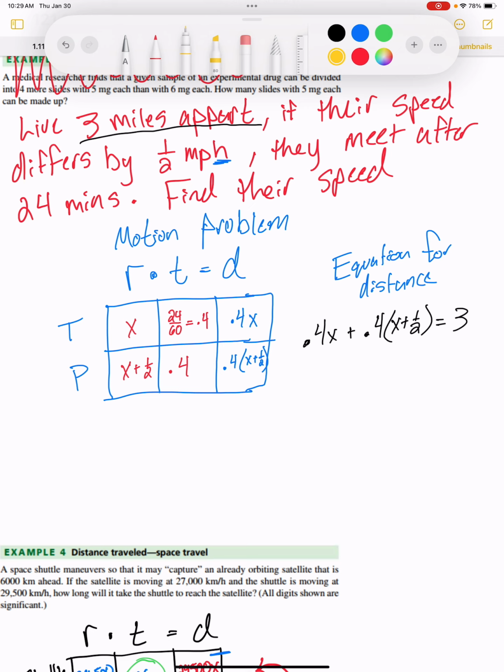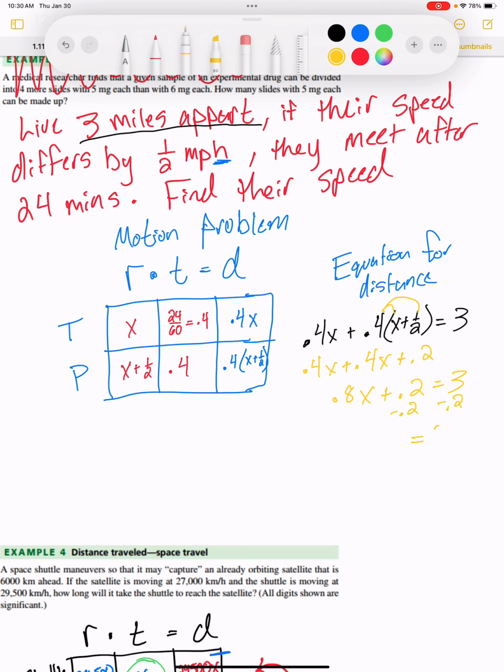So we distribute, and I got 0.4x plus 0.4x plus 0.2. That's 0.8x plus 0.2 equals 3. Subtract the 0.2 on both sides, right?